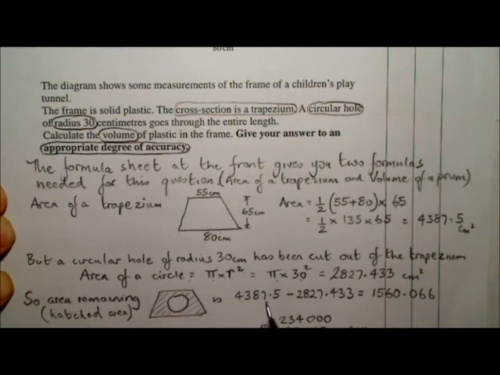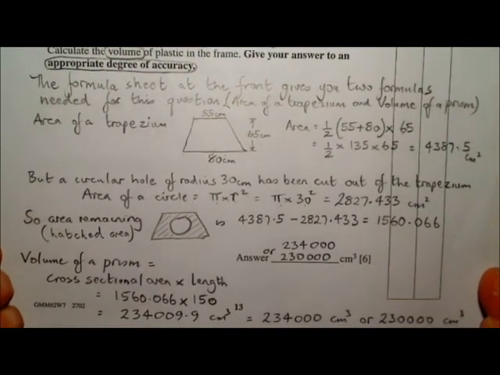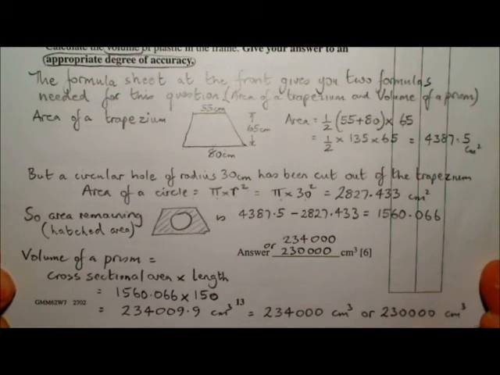So it's 4387.5 take away 2827.433, and we get this remaining area, which is this shaded or hatched area round the outside of the circle, 1560.066. And now we've worked out the area of the cross section.